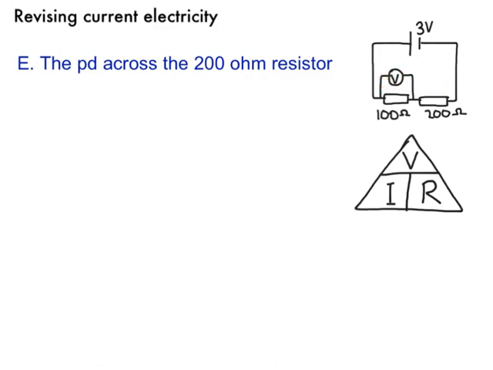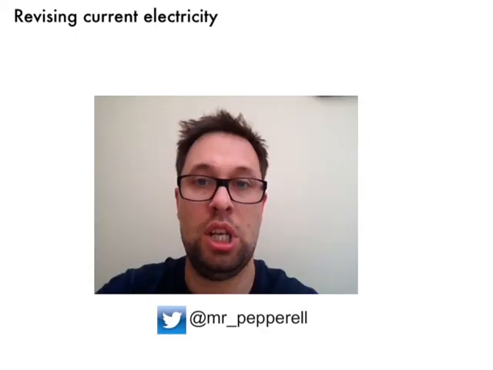It's a fairly simple sum. If the total potential difference across the power supply is 3 volts, and this one's reading 1 volt, all I do is 3 volts minus 1 volt, which tells me that the 200 ohm resistor is going to be reading 2 volts.